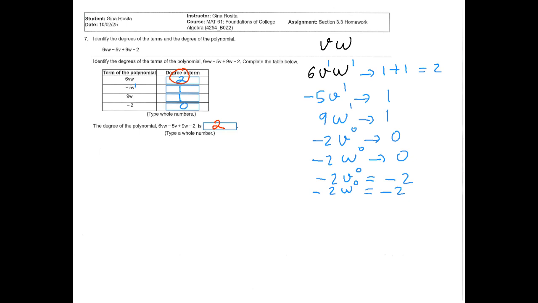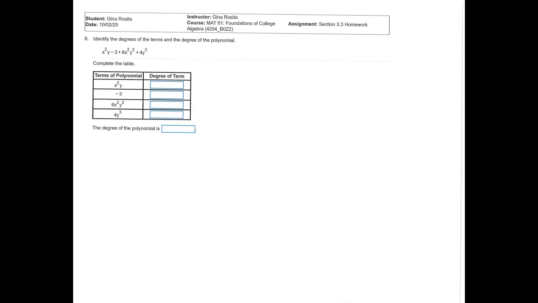Now identify, it's the same, yeah? Identify the degree of the terms and the degree of the polynomial. Okay, I just write down first, yeah? x squared y minus 3 plus 6x squared y squared plus 4y cubed.